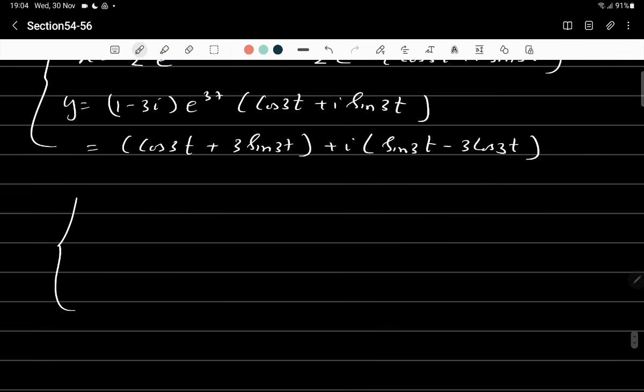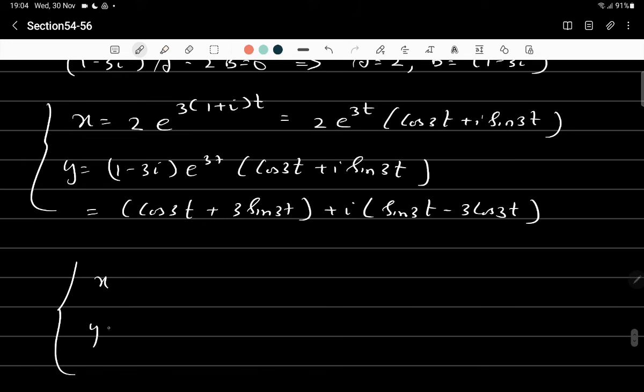So now from here you can write down the two linearly independent solutions.